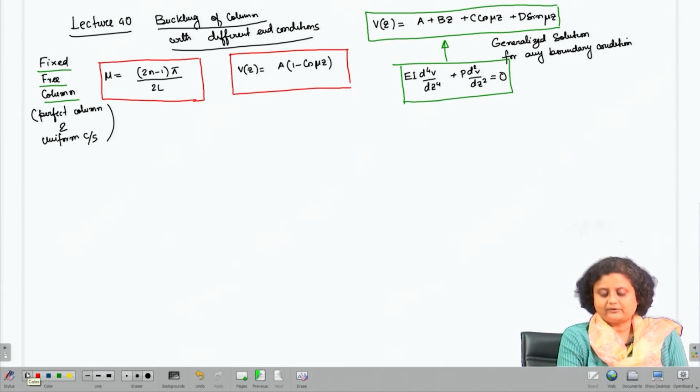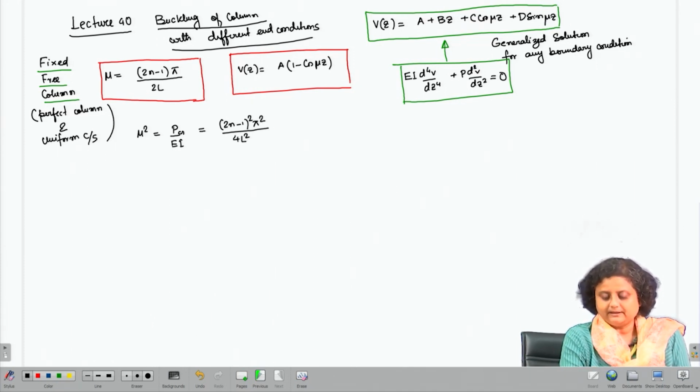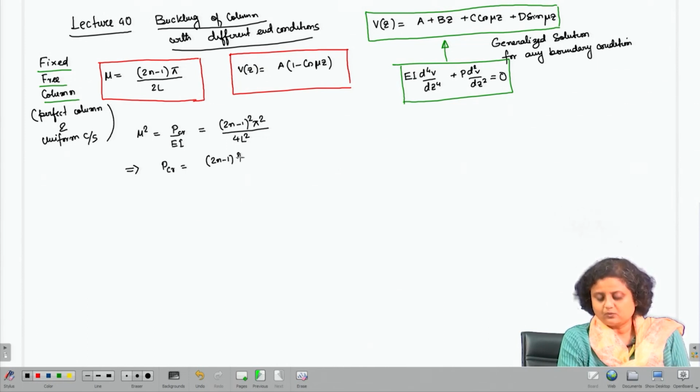Now, from these two expressions we can say that mu square, which is P by EI, is equal to (2n minus 1) square pi square by 4L square. Therefore, P critical is nothing but (2n minus 1) whole square pi square EI by 4L square.